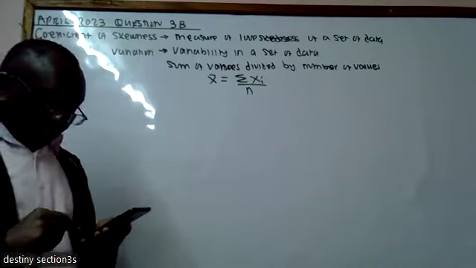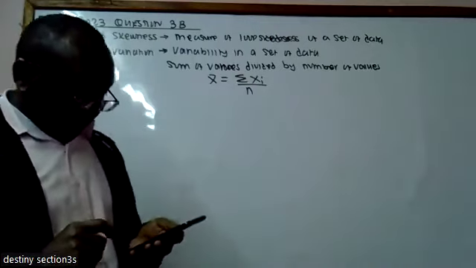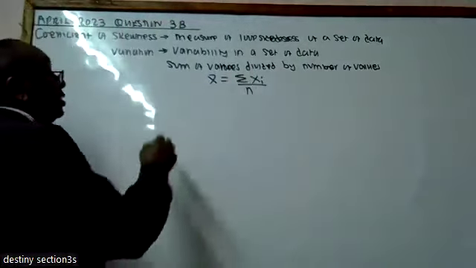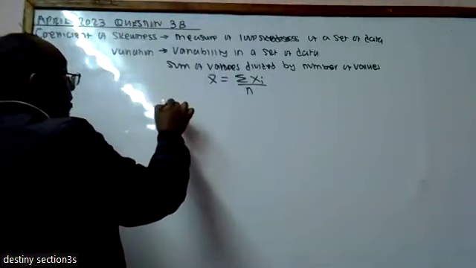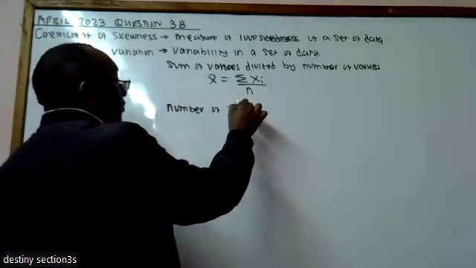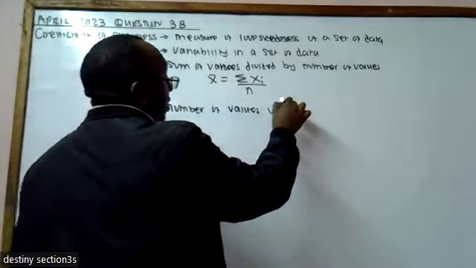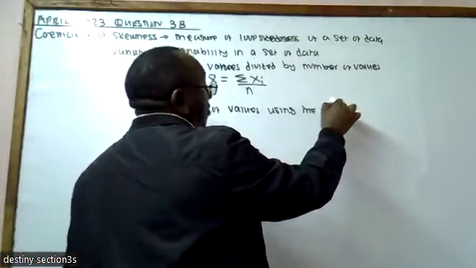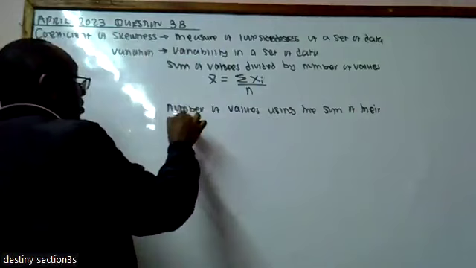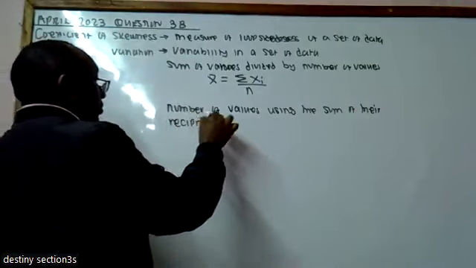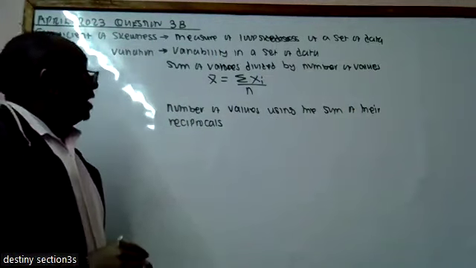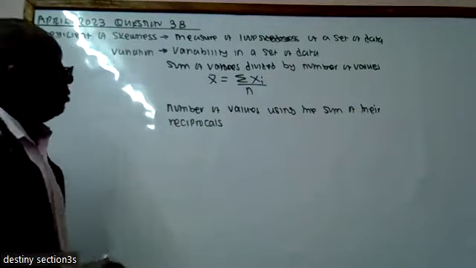We said it is the mean obtained by dividing the number of values using the sum of their reciprocals.